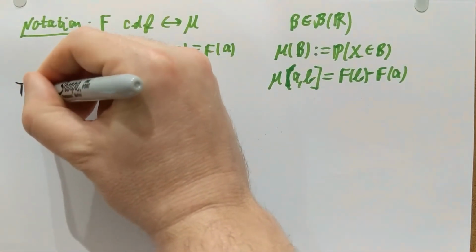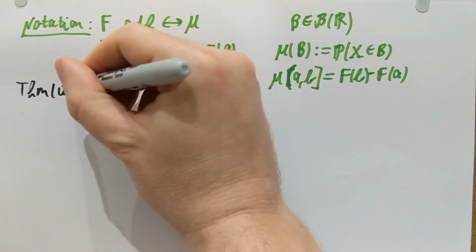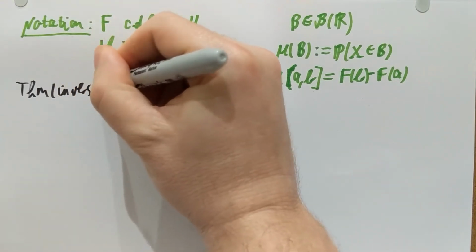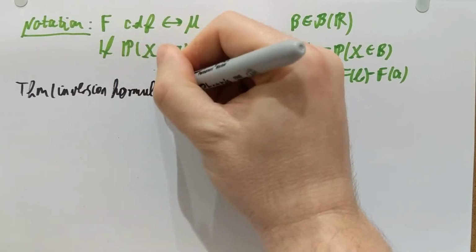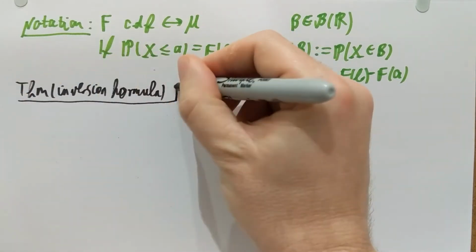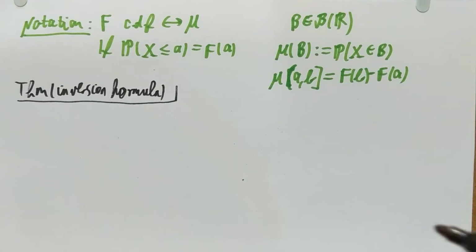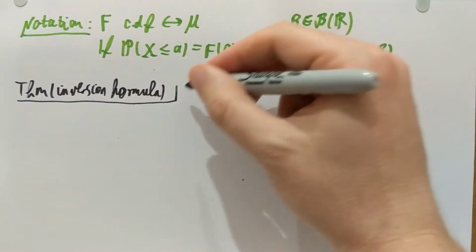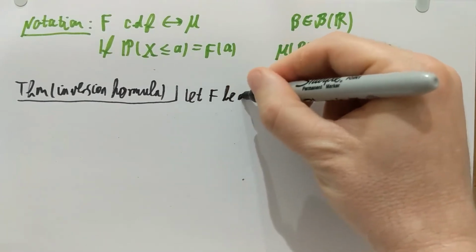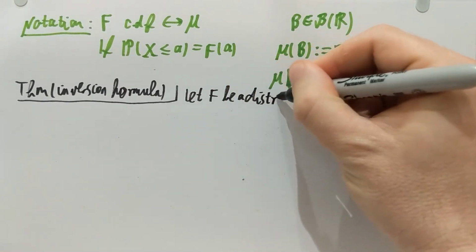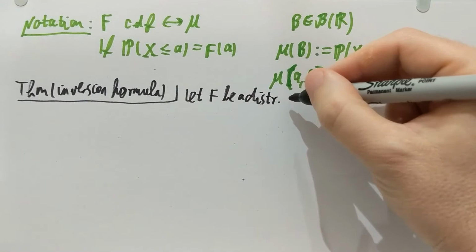So theorem, inversion formula, has two parts. Part 1: let F be a distribution function, cumulative distribution function.